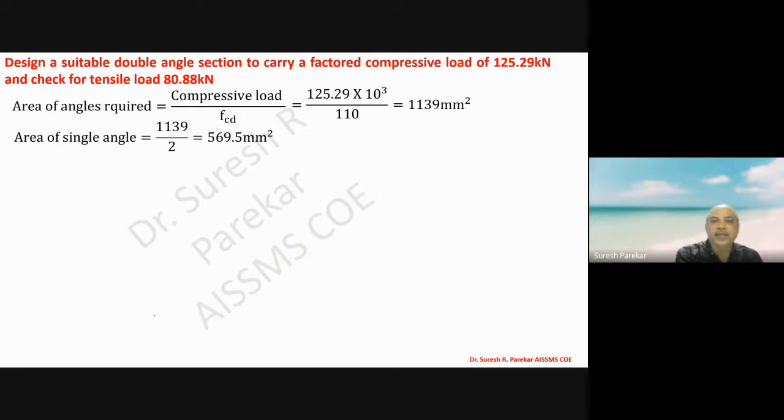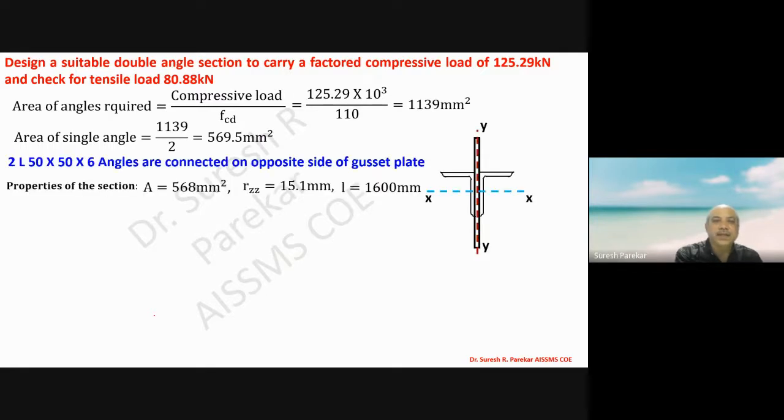Area of angles required: for a single angle 569, and then we will consider angle section 5056, because its area is 568, very close to it. So we need not go for another section.